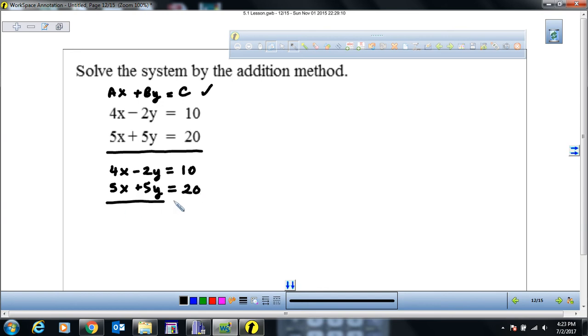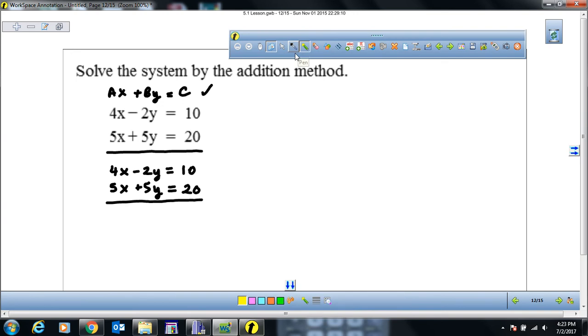In this particular problem, you see that if I want to cancel out the x's, 4 times nothing is going to give me 5. If I want to cancel out the y's, 2 times nothing is going to give me 5. So in this case, we need to multiply both equations, because by multiplying just one, we don't get the other value.